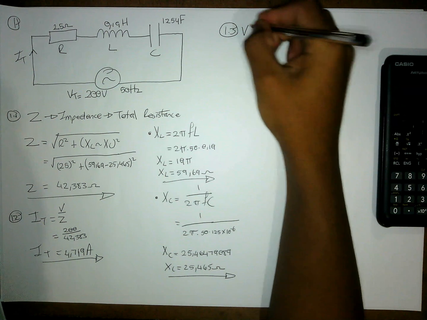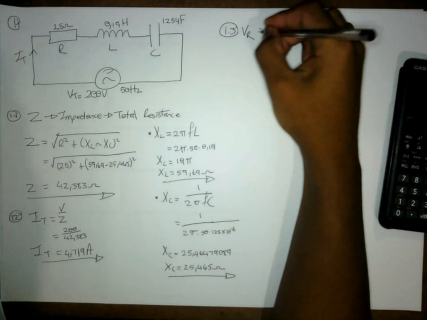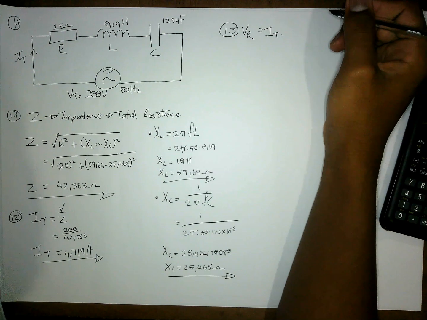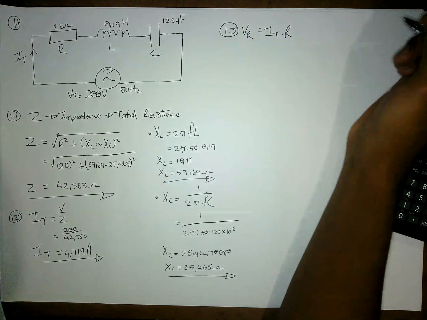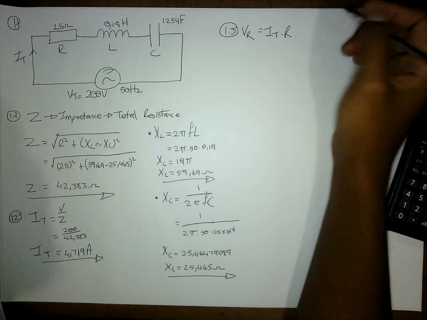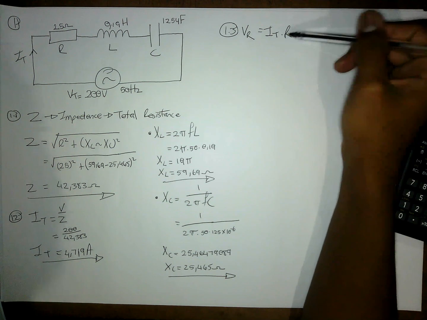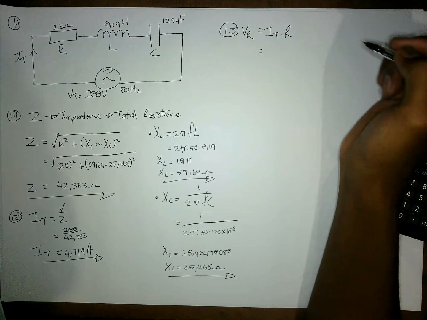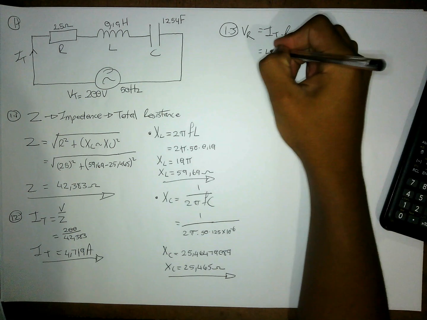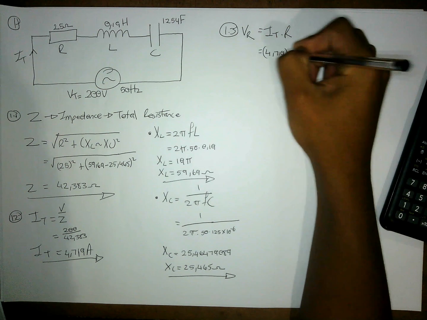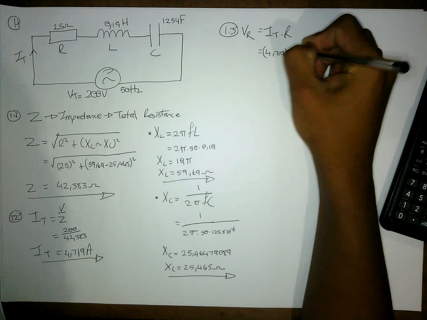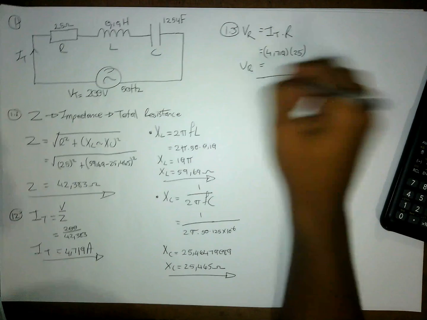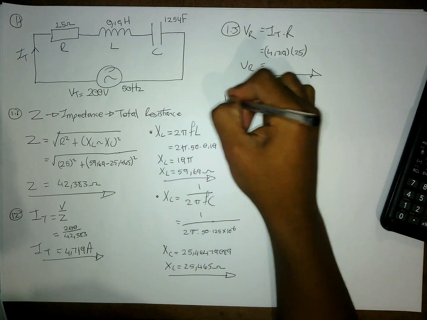So for the voltage drop of the resistor, we need the current multiplied by the component's resistance, R. This is Ohm's law, V equals I times R. That's all voltage drop is, or voltage across, the very same thing. So our I is 4.719, and our resistance is 25. Can someone just punch that answer into a calculator, please? And I will carry on with the next one.